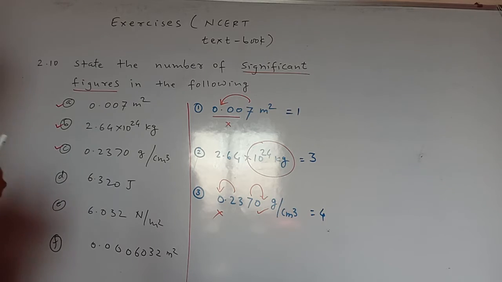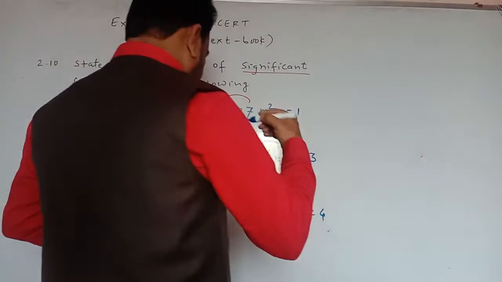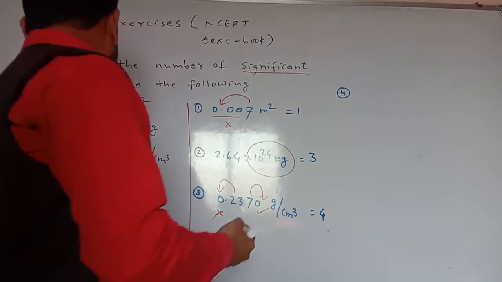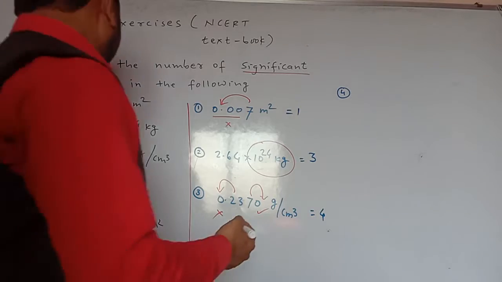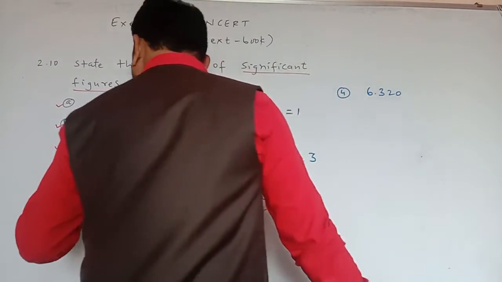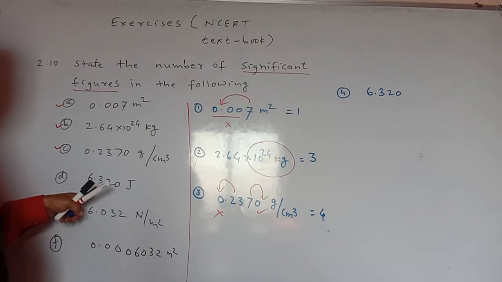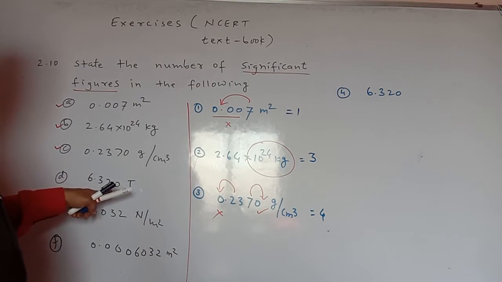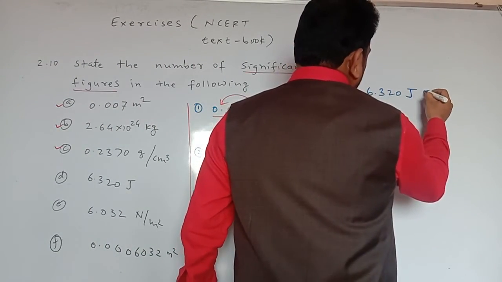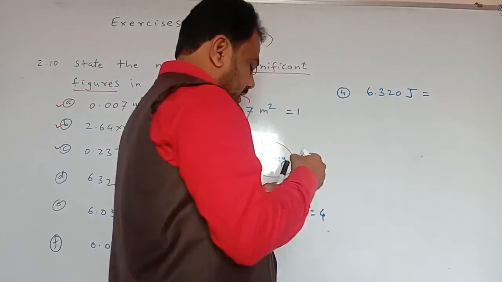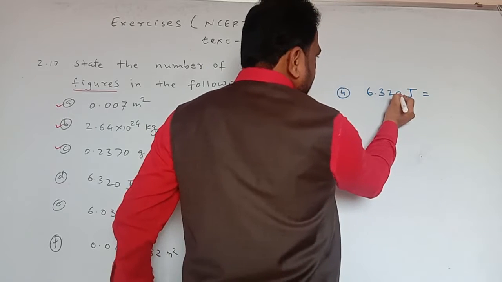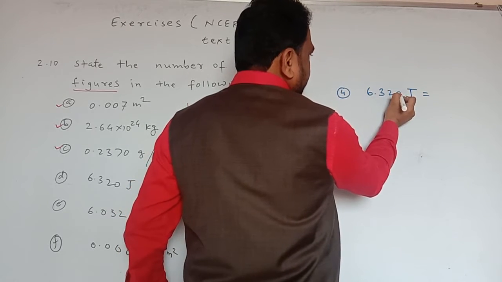Now the next problem is 6.30320 joule. How many significant figures are here? See here, what is the position of this 0?